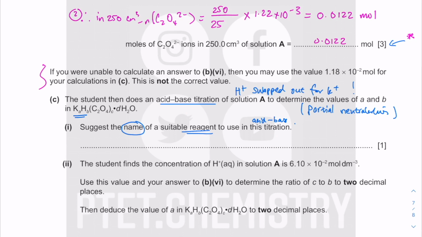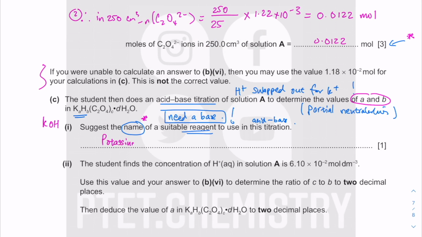All right, what can we use here? We need a base. I was just thinking what kind of base would be suitable, but I just remembered that the whole idea is we are swapping out the H plus for K plus, and we are trying to find the value of A and B. So to swap out with K plus, we really need KOH as our hydroxide, but they want the name and not the formula.